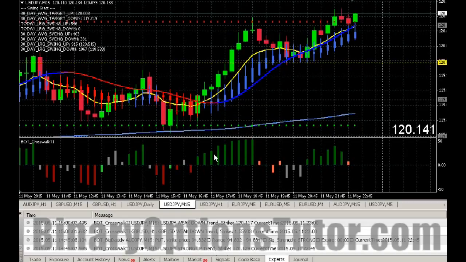Now here's where we've got everything lining up: the 200, our Heiken Ashi, our EMA. For probably an hour or so, we already had indications of an uptrend. And if you want to be aggressive, you could have gotten in based off of the crosswalk.